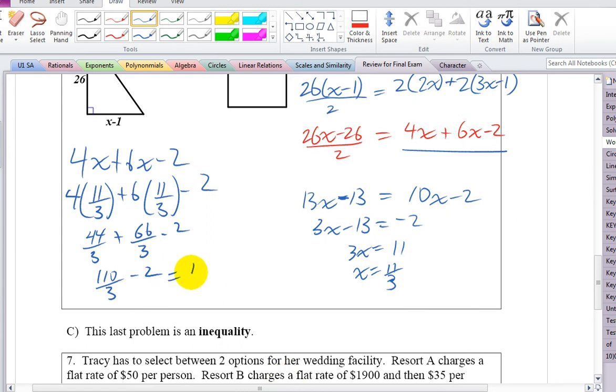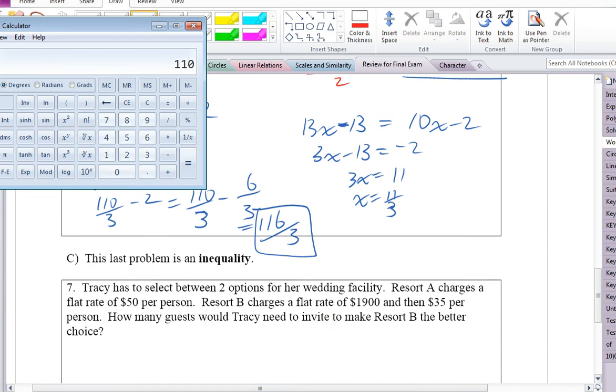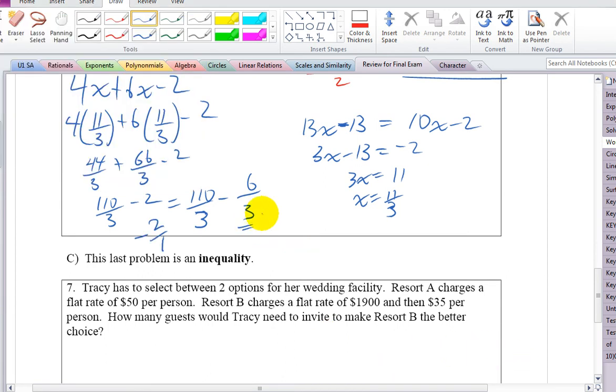So that would be 110 over 3 minus what? Common denominator? 6. 6 over 3. So it equals 104 divided by 3. And that unit is meters. There's your answer.